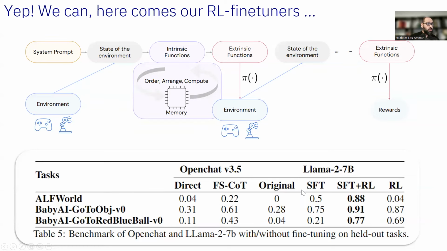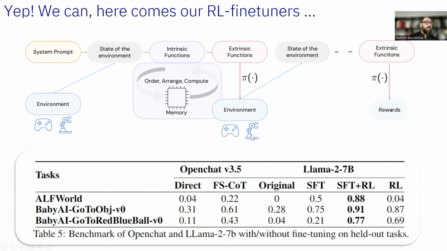What is really critical to show, and maybe we should focus on ALFWorld more because it's a more interesting domain than the BabyAI one, is that RL without our intrinsic functions and structured reasoning would completely fail on this problem, leading us to just 4% success.